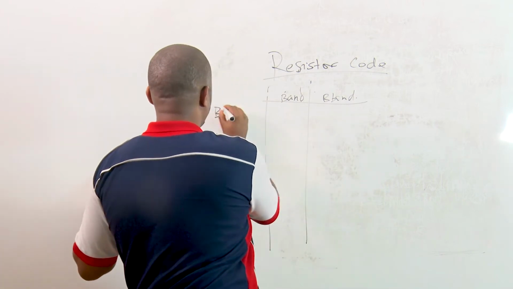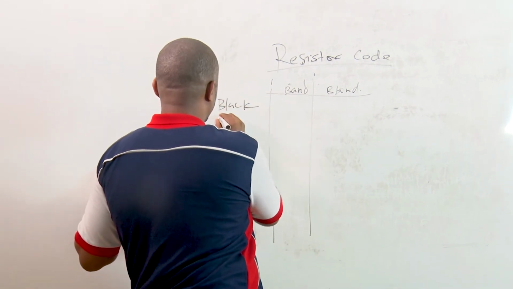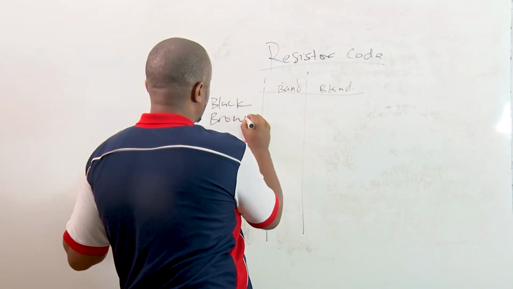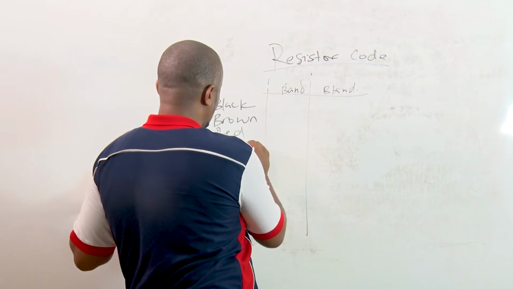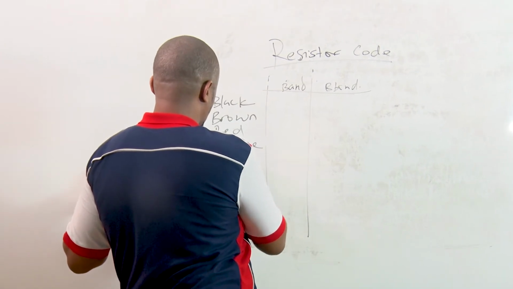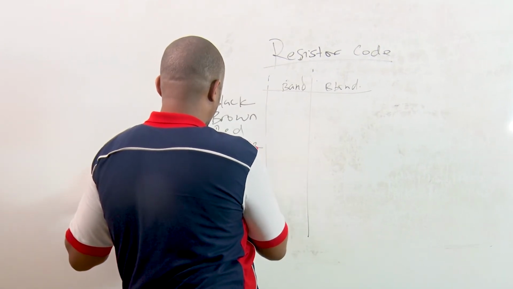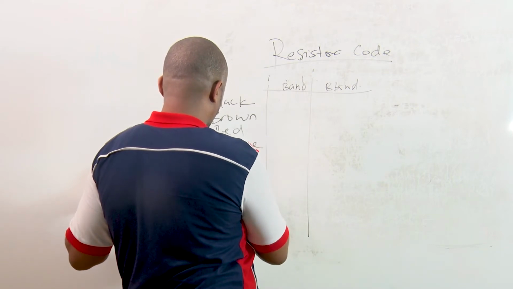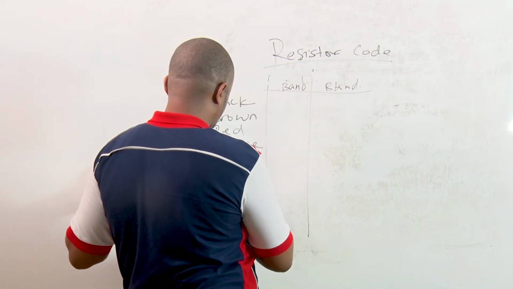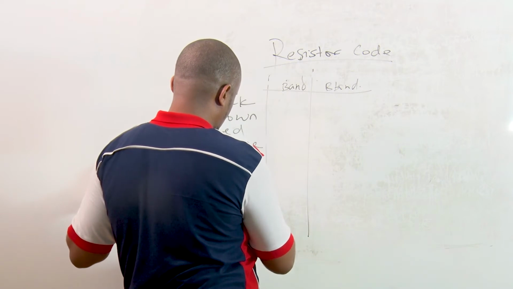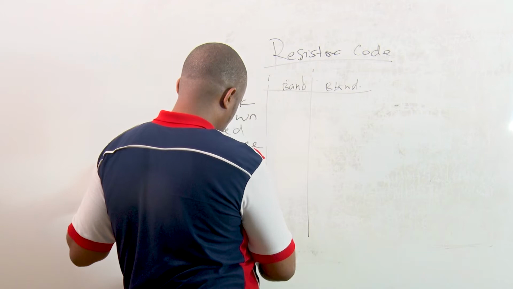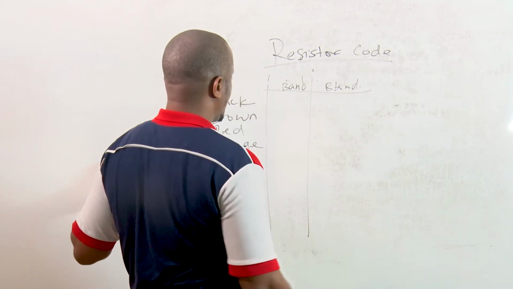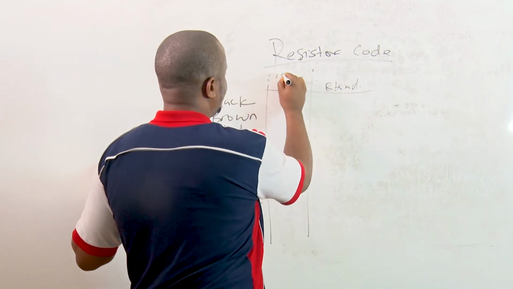So we have black, brown, red, orange, yellow, green, blue, violet, gray, and white. So this is our first band.